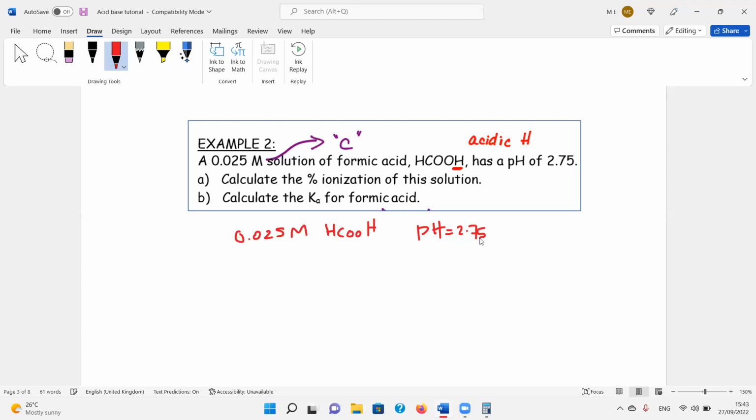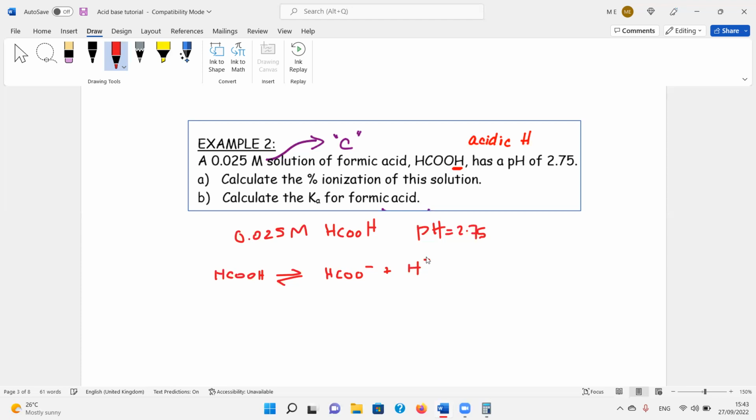Now since it is a weak acid, automatically you should write the equation here. HCOOH will ionize to give HCOO minus and H plus.